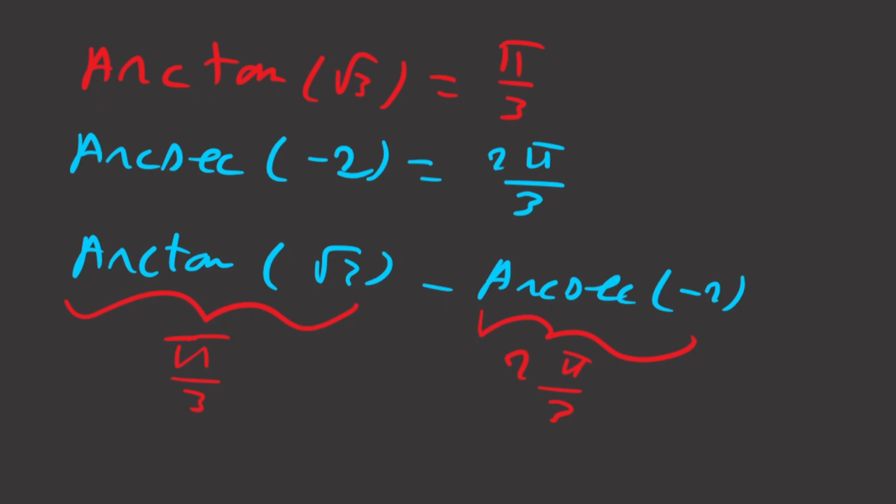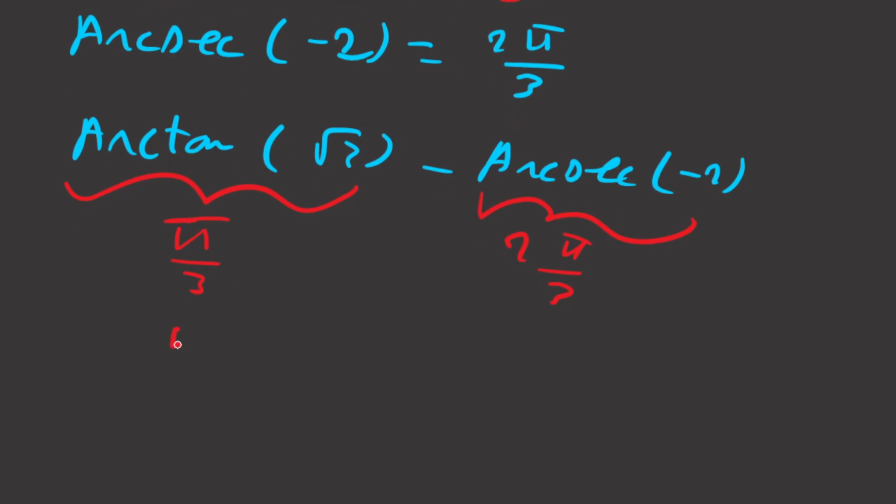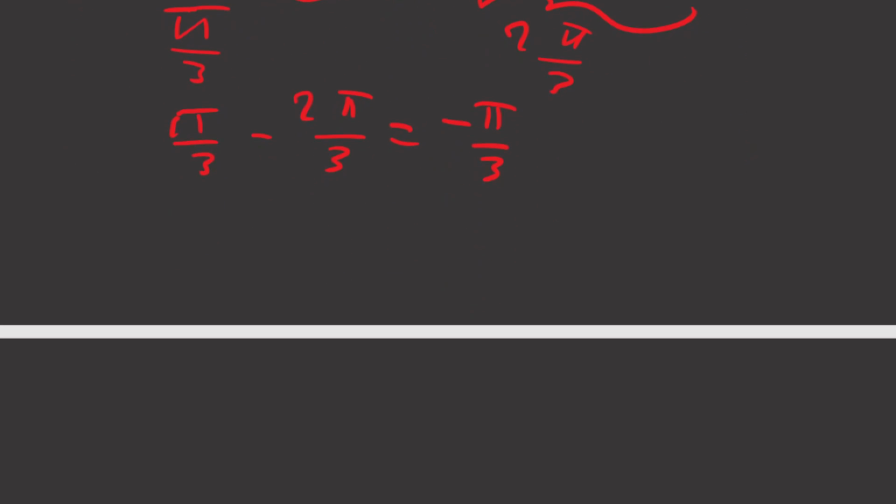So pi over 3 minus 2 pi over 3 is equal to minus pi over 3. And in case you didn't understand how we got the value, I'm going to just write down real quick.